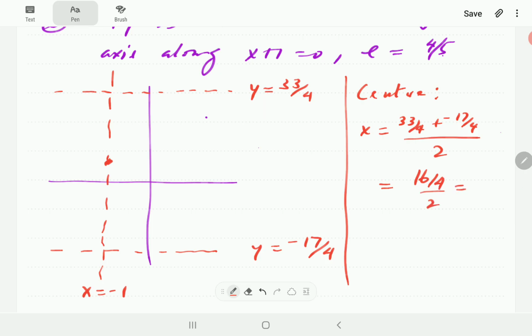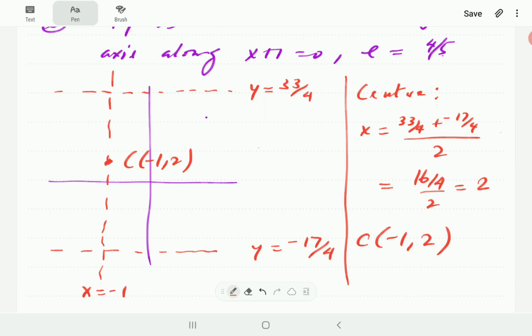It's going to be 4 over 2, so it's going to be 2. So the center is at minus 1, 2.